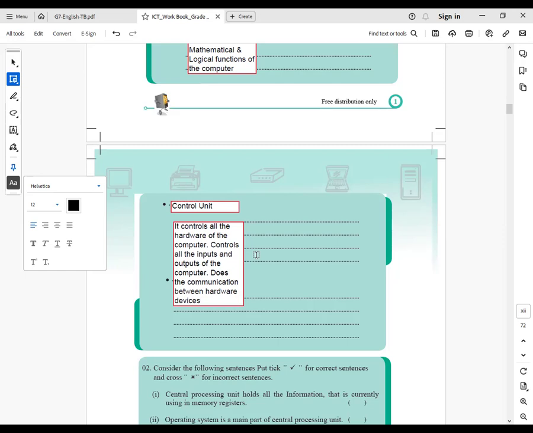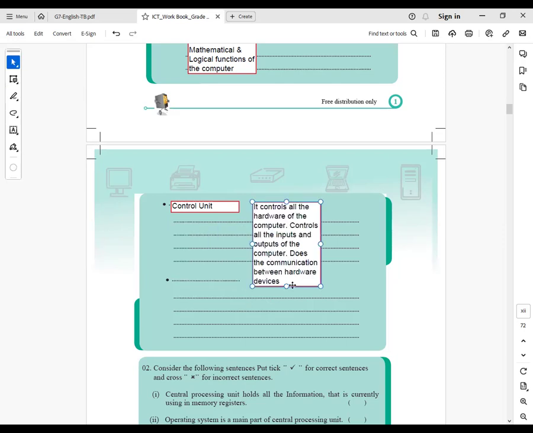So there should be proper communication between hardware devices. That controlling part is done by the control unit. Right? That is the control unit.